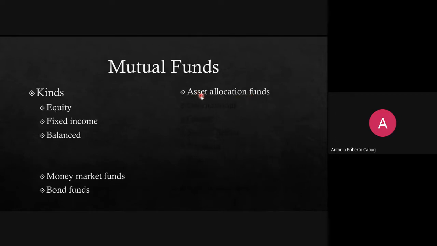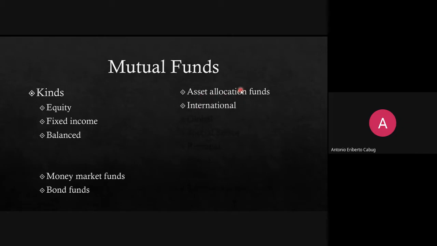But if it is a variable asset allocation fund, the fund manager can decide what percentage would go to equity, what percentage should go to fixed income or debt at any given time. Maybe for this time, it's good to purchase equity. So pwede siyang mag-invest ng 80% equity, 20% debt. Maybe this time, mas maganda yung fixed income. Ang gawin niyang 90% debt, 10% equity.